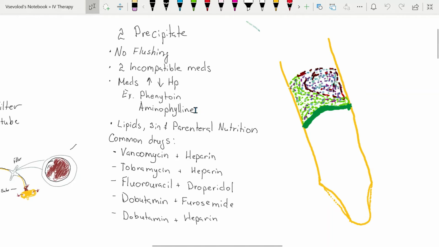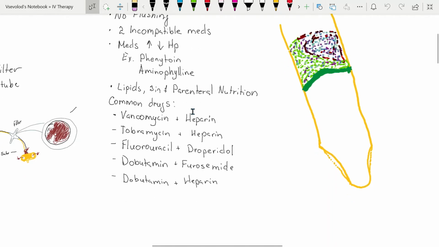Common drugs that can cause precipitate formation on the wall of the catheter are, as earlier mentioned, phenytoin, vancomycin and heparin, tobramycin and heparin, fluorouracil, droperidol, dobutamine and furosemide, and dobutamine and heparin.